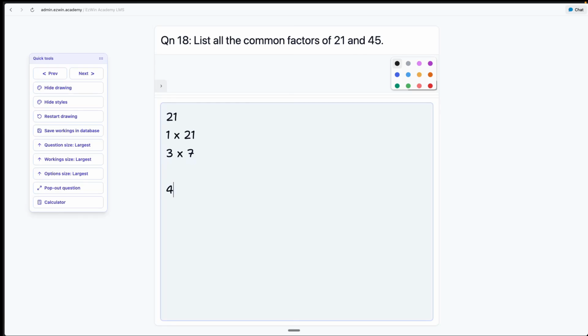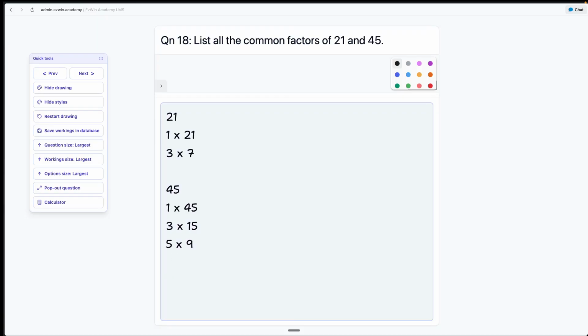What about 45? So 45 will be 1 times 45. 2 cannot. 3, yes, 3 times 15. 4 cannot. 5 you can, 5 times 9. 6 cannot. 7, 8 no. Then we have 9. 10, 11, 12, 13 no. 14 no, and then we have 15.